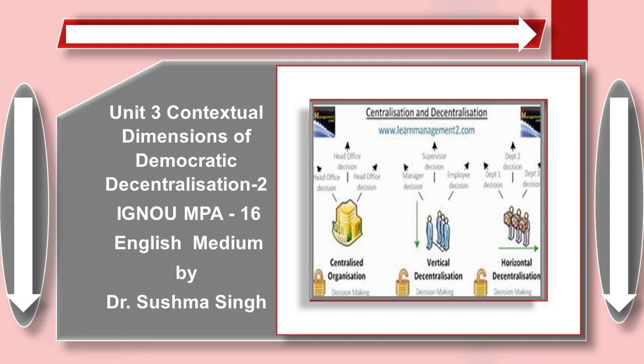If we want to have good governance, we have to make bureaucracy responsive, and ultimately democratic decentralization can achieve this. The bureaucracy has become an inevitable part of Indian public administration, as the civil servant is meant to execute and implement government policies, especially those meant for deprived sections of the society.